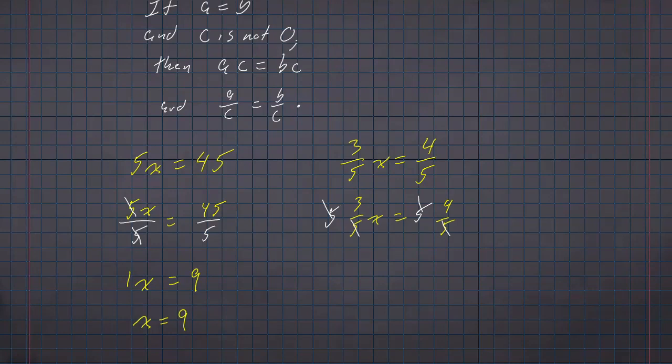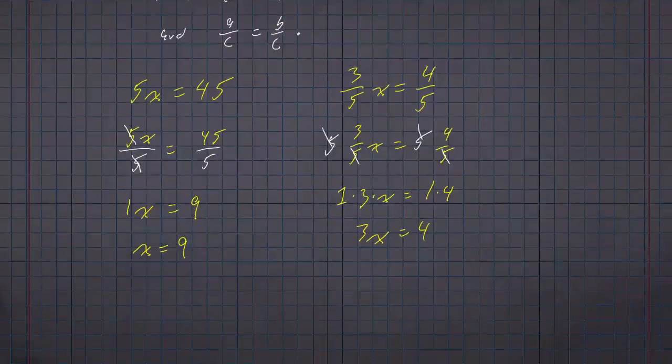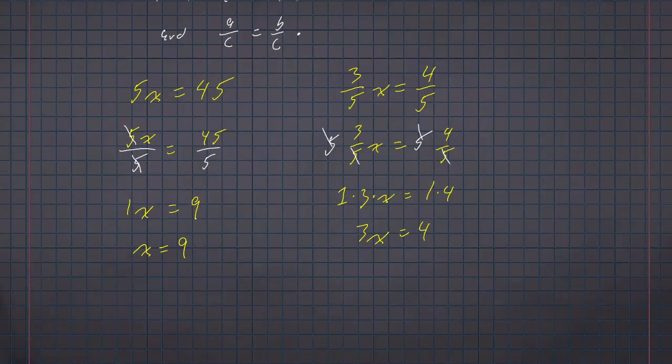5 divided by 5 is 1, so I have 1 times 3 times x, and I have 1 times 4. 1 times 3 times x is just 3x. 1 times 4 is just 4. And then from there, I can use the property with division like I did before.